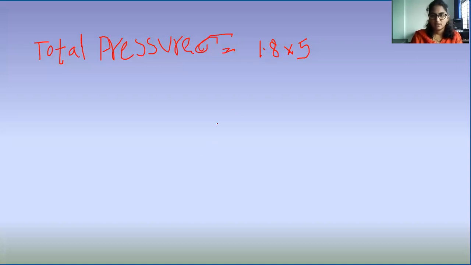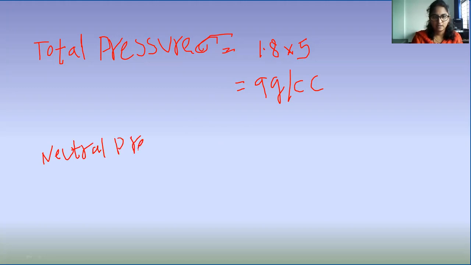1.8 into 5 is equal to 9 gram per cc. Here the units will be gram per cc. Next, neutral pressure is equal to the unit weight of water into height.